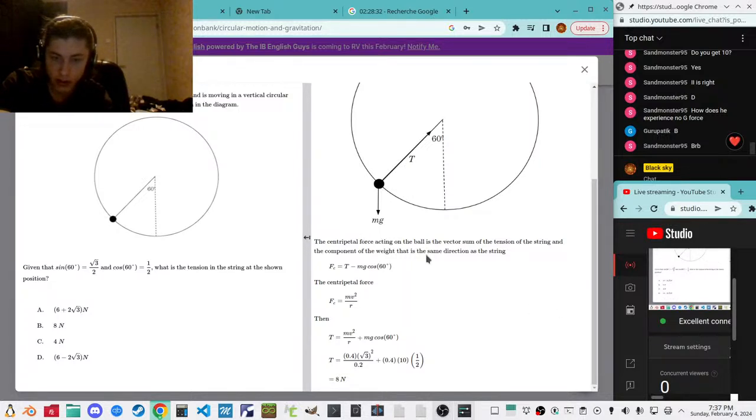The centripetal force acting on the ball is the vector sum of the tension of the string minus mg. Oh, it was cos as well. Centripetal force equals this, so tension equals this plus mg.